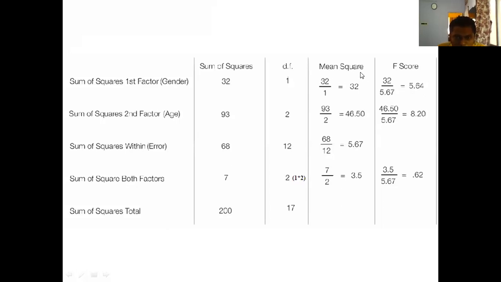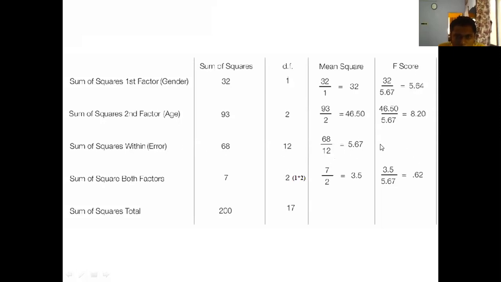The mean square is represented as sum of square divided by degrees of freedom. So you are getting these values. And then when calculating the F score, it is the ratio of the mean squares, because you are comparing the variance. So this is the mean square between, 32, divided by the mean square within.